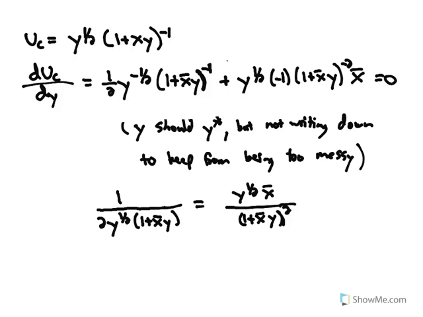I am going to multiply both sides by y to the 1/2 to start with. So I have 1 over 2, the y to the 1/2 disappears from this side. And then on the other side, the y to the 1/2 times y to the 1/2 just gives us y. So I have y on this side now, x bar, and these remain unchanged.